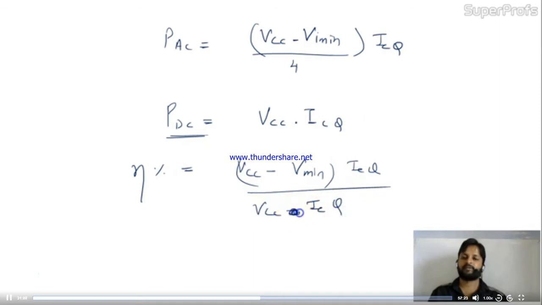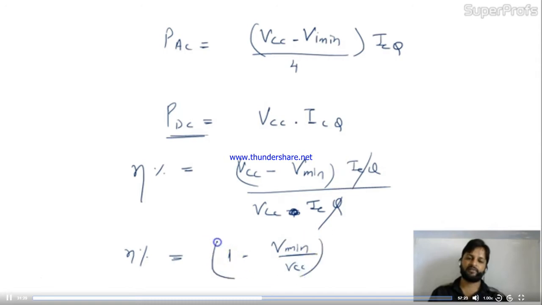Sorry, this is in multiplication. ICQ will cancel out, and finally you are left with efficiency in percentage as 1 minus Vmin divided by VCC, into 100. This is the percentage. And where is the 4? Here is the 4. So let me take a fresh page.